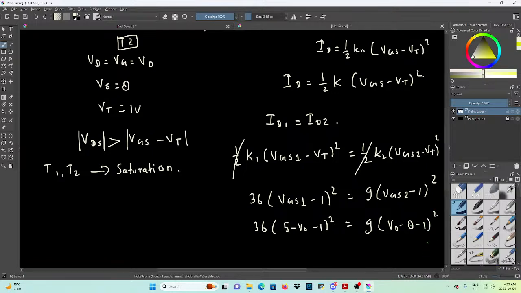Okay, now it's looking better because we only have one unknown variable right now, so it's going to be easy for us to solve. So 36 times 5 minus 1, that is 4 minus V0 whole square, and on the other side we are going to have 9 times V0 minus 1 whole square.